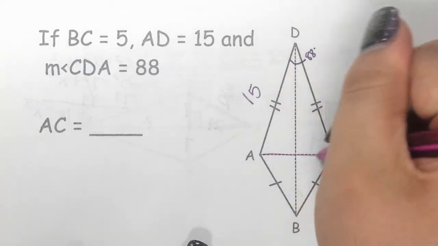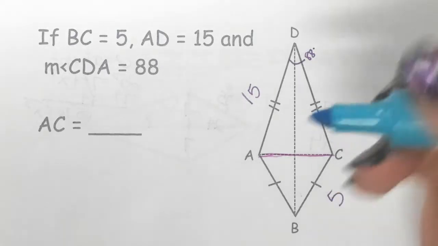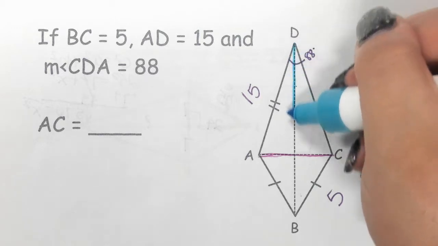So I want to know what this whole thing is. What am I going to have to do? You have to find both sides of the triangle. Okay, let's make a triangle.